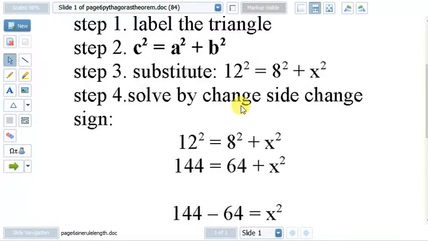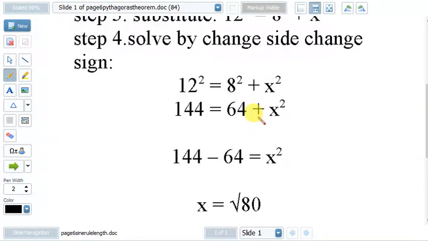So step 1, label the triangle, which is of course what we've just done. Step 2 is we write down our general formula, c squared equals a squared plus b squared. Step 3, substitute. So c is 12 from the diagram, a was 8 and b was x.